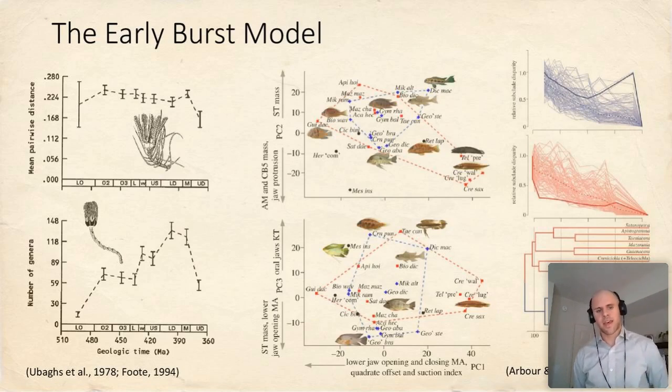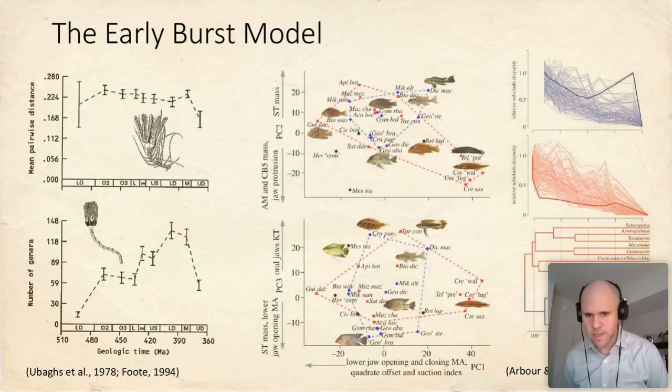It's this idea that early on in a clade's history, or at the onset of an evolutionary radiation, while diversity is still low, disparity can be disproportionately high. As you can see, it doesn't necessarily need to be higher than later on in the history of the group, but it does need to be higher than expected given diversity. And you can establish that expected ratio from the figure on the left just by looking at how diversity increases and disparity stays relatively flat for crinoids.